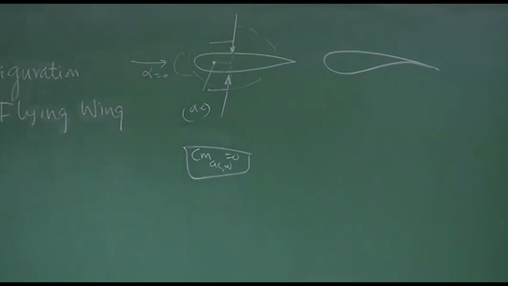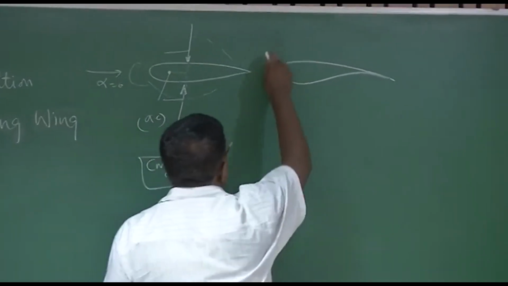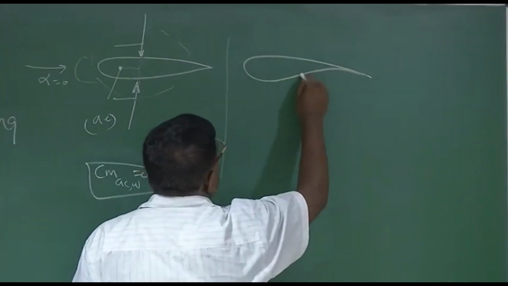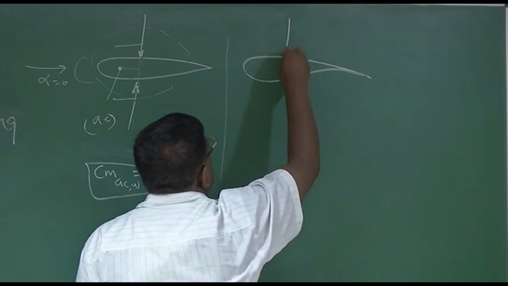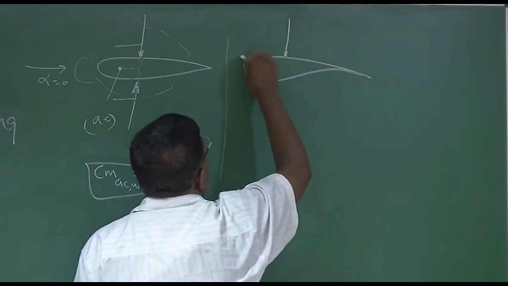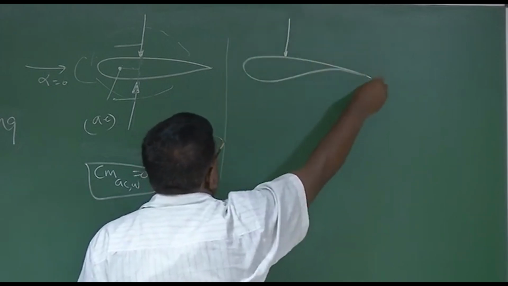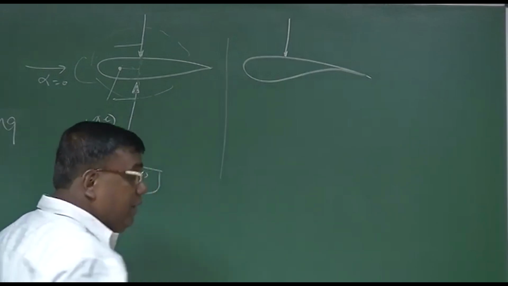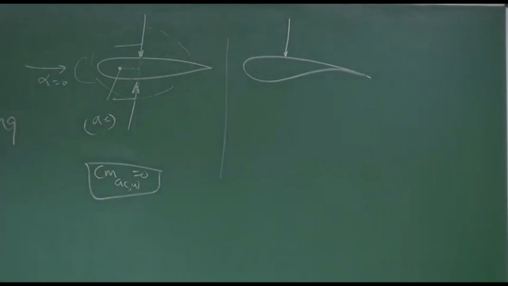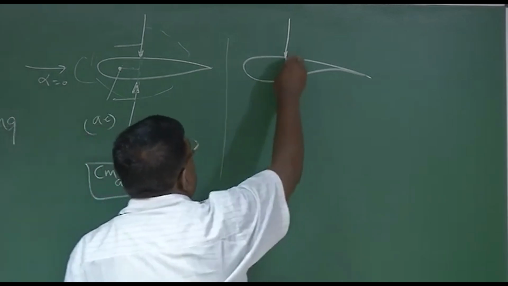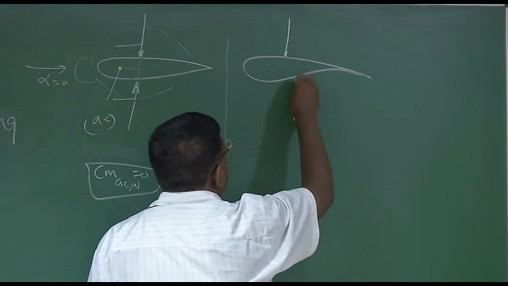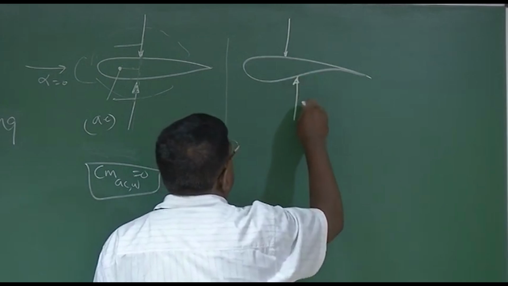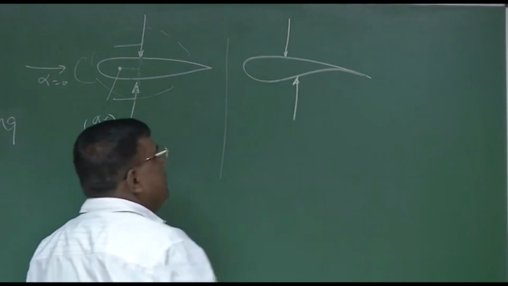Now if you see in the cambered airfoil, in contrast, what happens with the pressure distribution because of the cambered part, you'll find that if I take the resultant of the pressure distribution over the top surface converted into force by taking the appropriate area, the resultant will be somewhere at this point, and for the bottom surface it will be somewhere here, not on the same line.